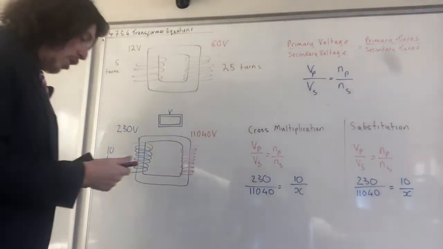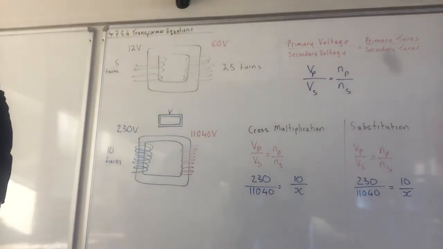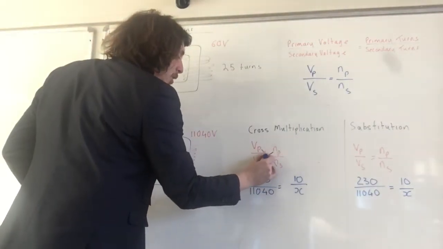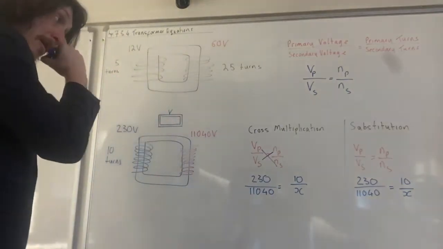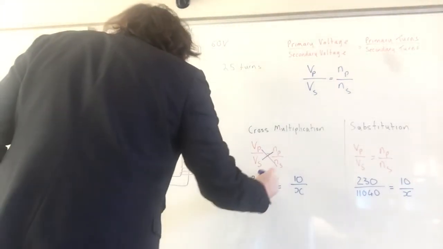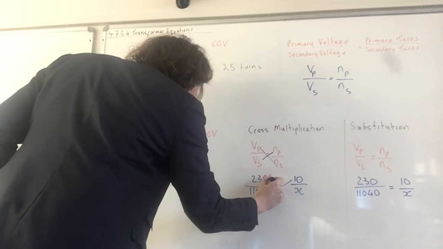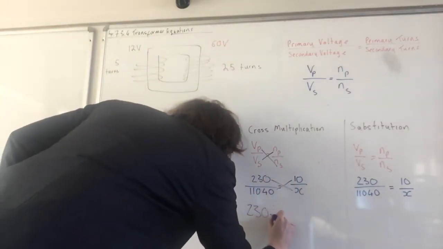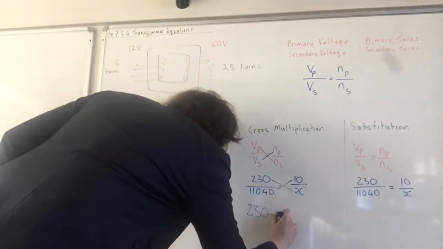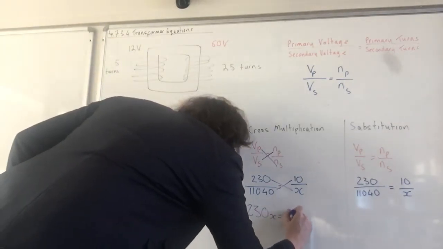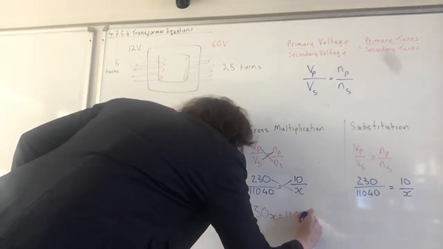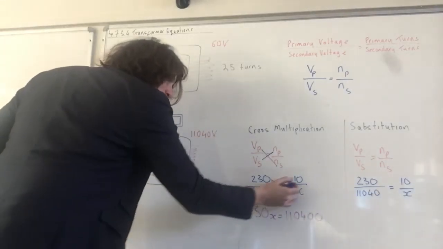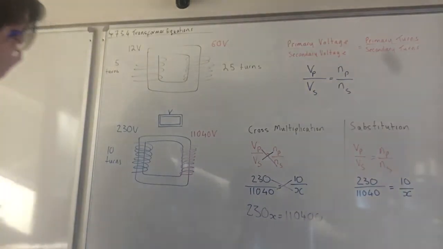Cross multiplication is when we've got ratios, multiplying across the fractions. Okay? So, what we would have here is 230x is equal to that times by that. Okay, so I've put the extra 0 on.